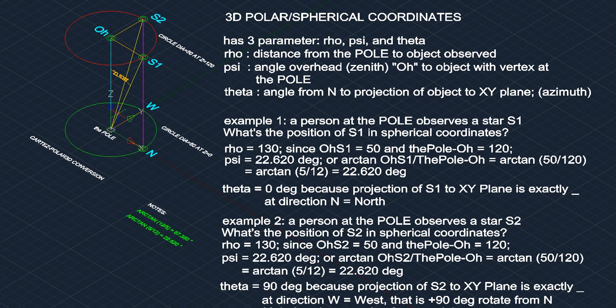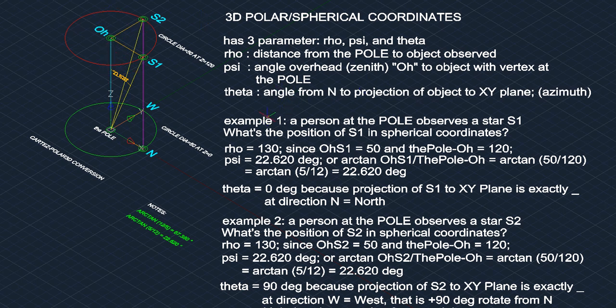So the distance from the pole to S1 is 130 units. So rho is 130, since overhead to S1 is 50 and the pole to overhead is 120. What is the angle psi here?